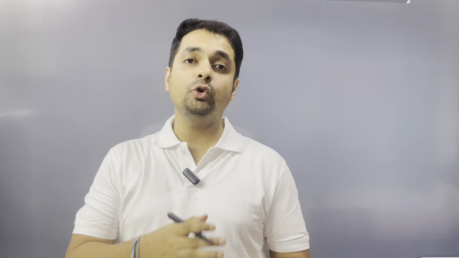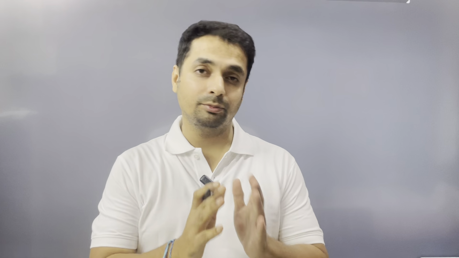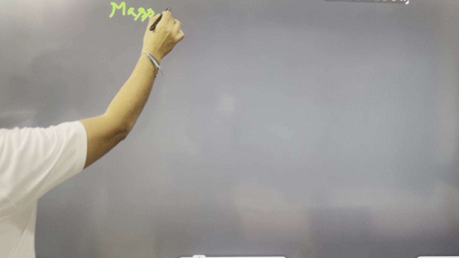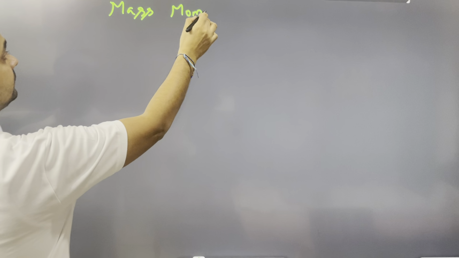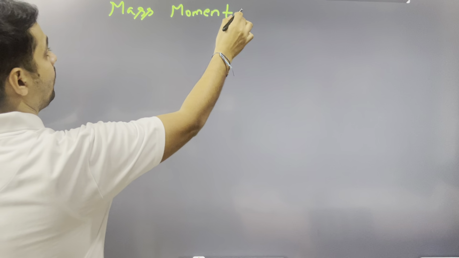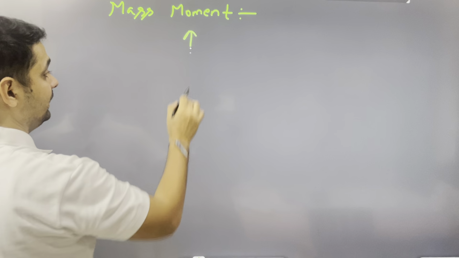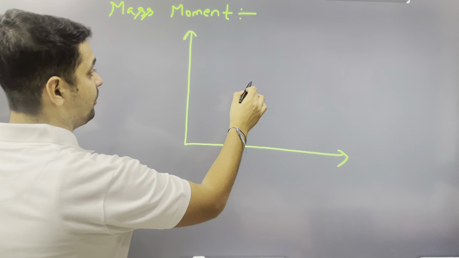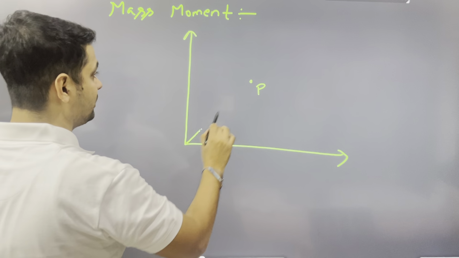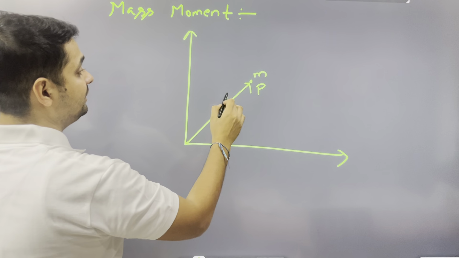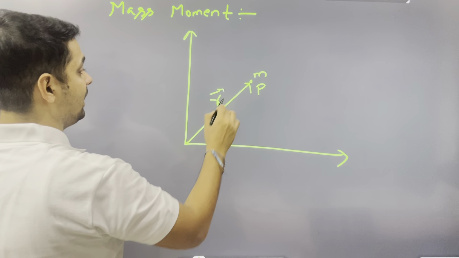Before understanding how to find the center of mass, we should understand the mass moment concept. So what is the mass moment? Mass moment can be defined as, for example, any particle is here, point P. Let the particle at point P have mass m, and the position vector of this particle is r vector.